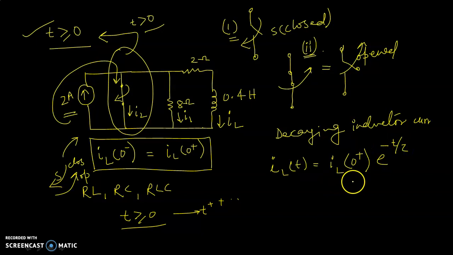Tau is your time constant. Let us write tau for the LR circuit. This is L and this is R. For an LR circuit, the time constant is L by R.